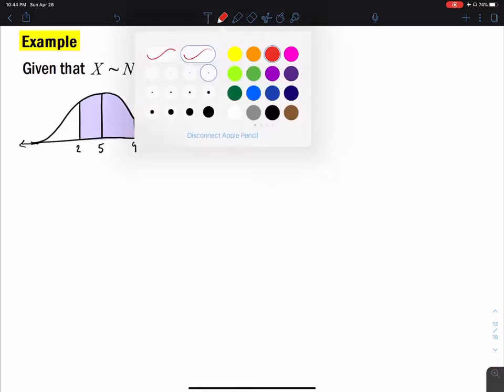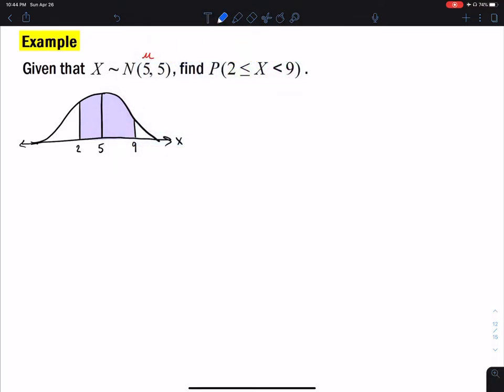All right, the second thing I want to do under my picture is put the z-scores. Under the mean is always a z-score of 0. Getting back into this problem, we have to calculate both z-scores, for 2 and for 9. You can do them in any order; I just go from left to right.